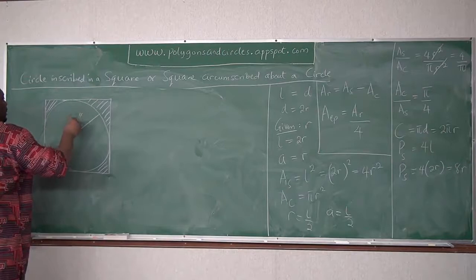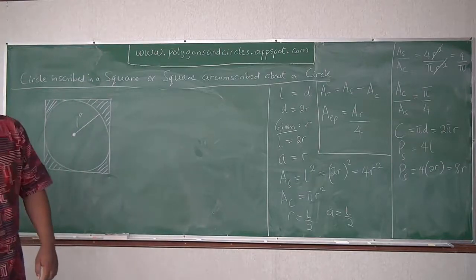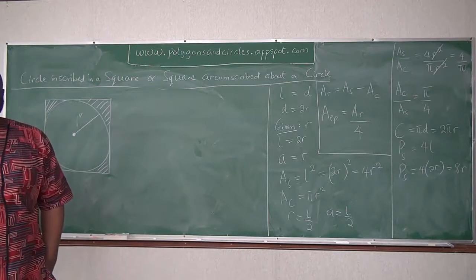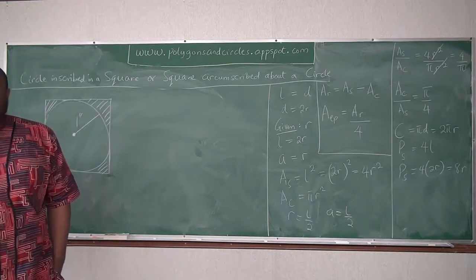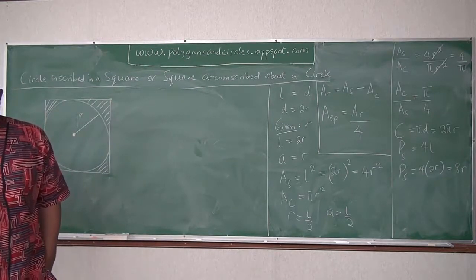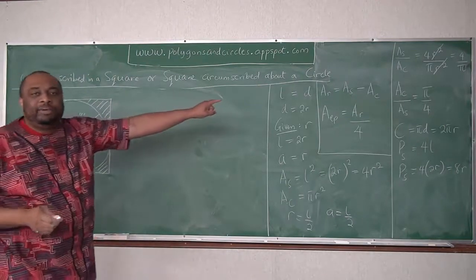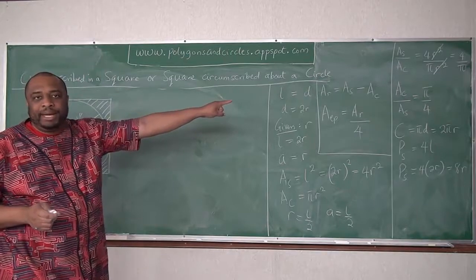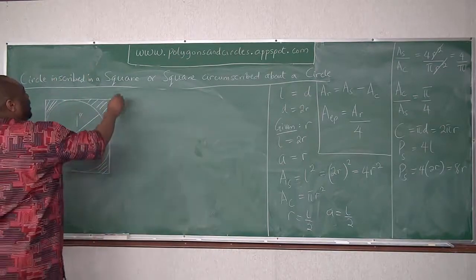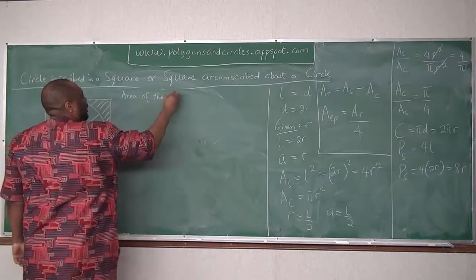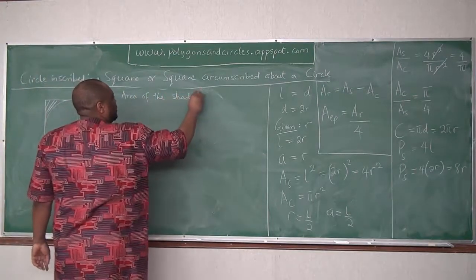This is the radius, 1 inch. What is the area of the shaded region in square inches? The area of the shaded region is the sum of the areas remaining.